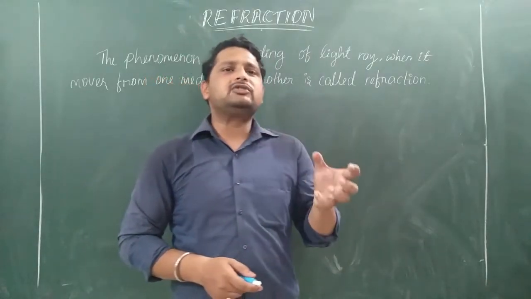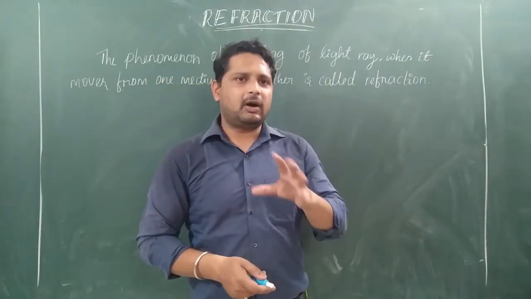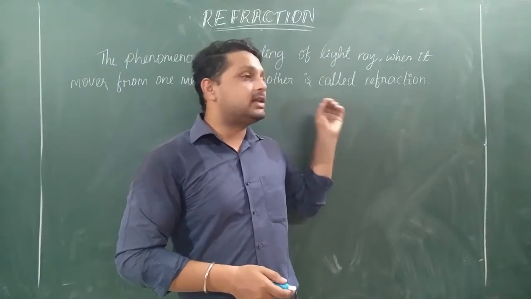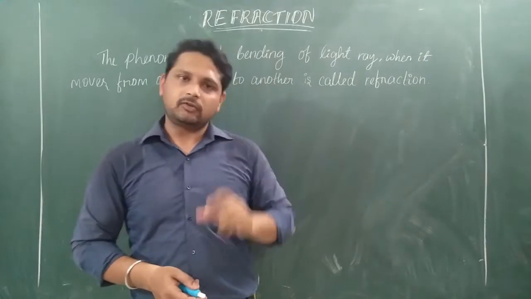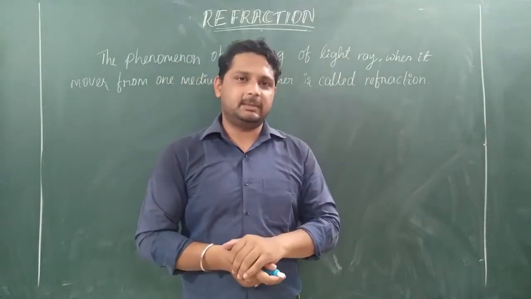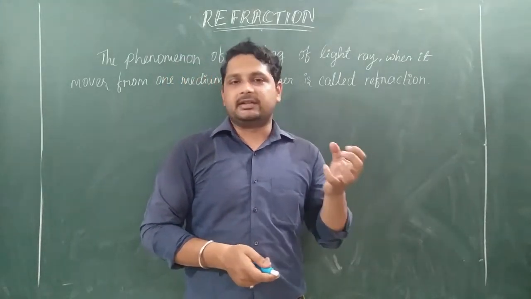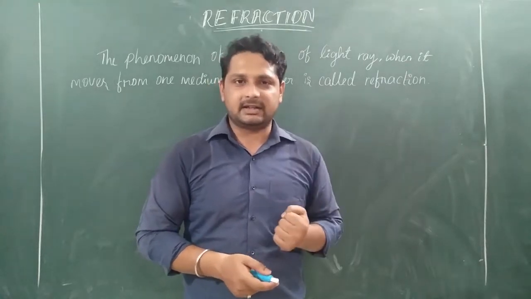But what actually changed in this case, so that the light ray bends? The actual change occurred in the density. We all know what density means, right? How crowded a thing is, that is called its density.